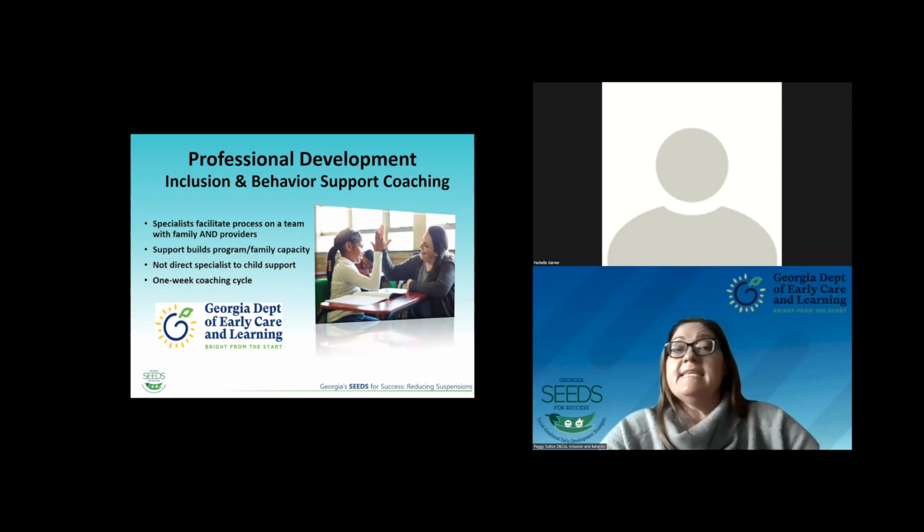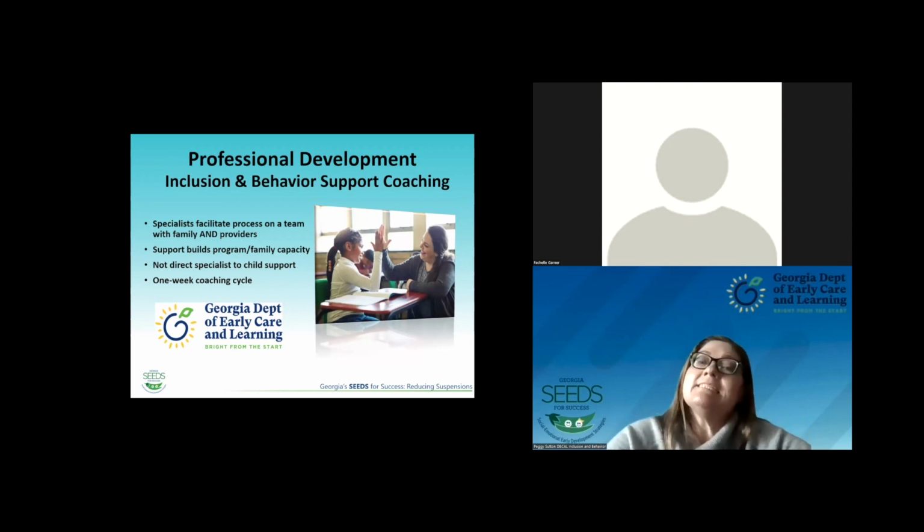Prevent, teach, reinforce for young children is the framework used for supporting programs regarding those persistent challenging behaviors. And our specialists will be able to help facilitate that process on a team with family and providers to create a behavior plan specifically for that individual child.